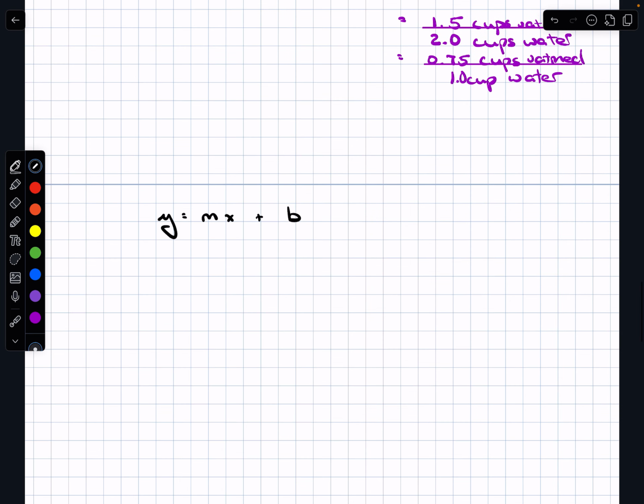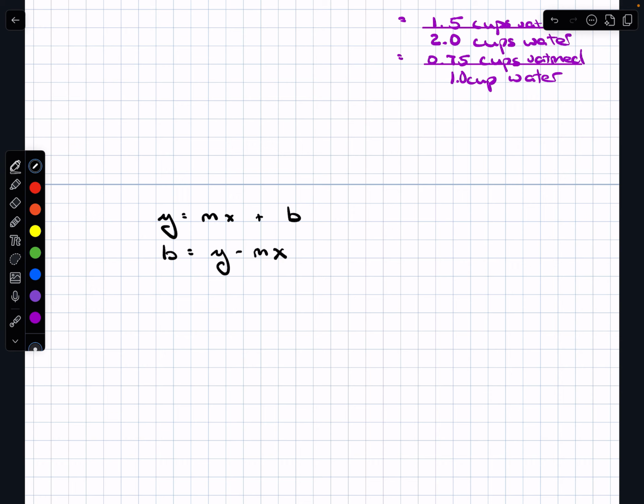What I want to do now is get the value for the y-intercept. So I'm going to solve this equation for b, getting b by itself. I'm going to subtract mx from both sides, so b is equal to y minus mx.